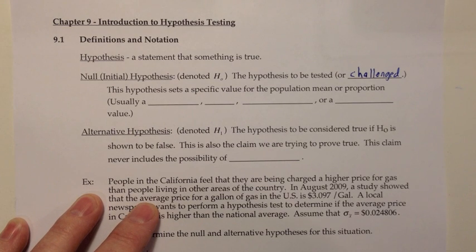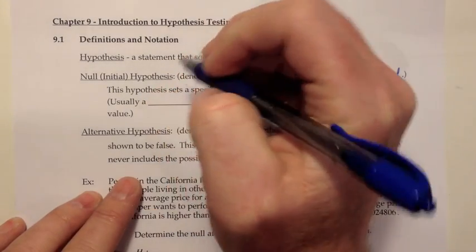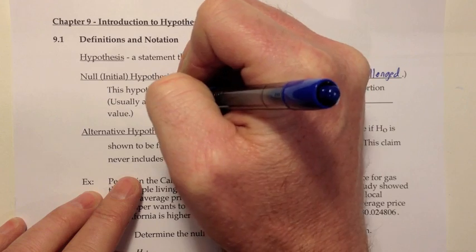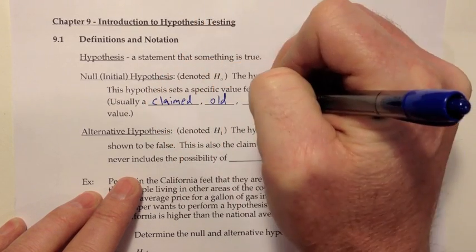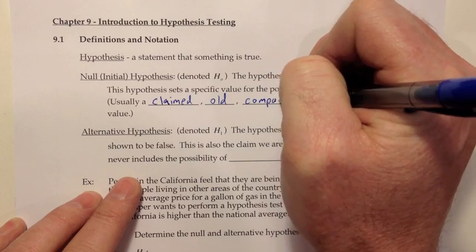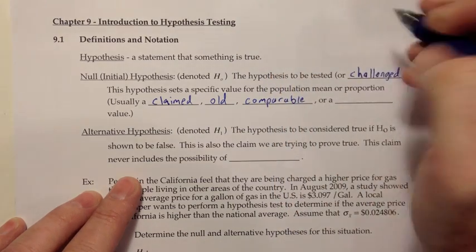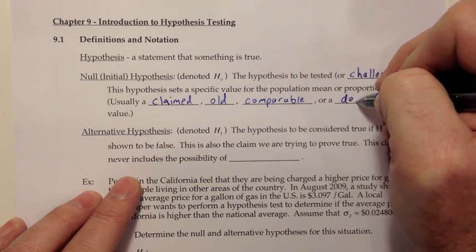And this hypothesis sets some specific value for either the population mean or the population proportion, and that specific value is usually one that is claimed, old, or comparable. Or in some cases it might just be a default value.